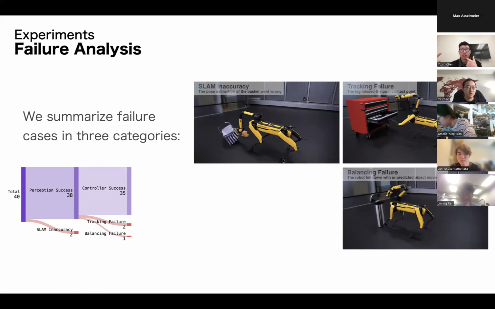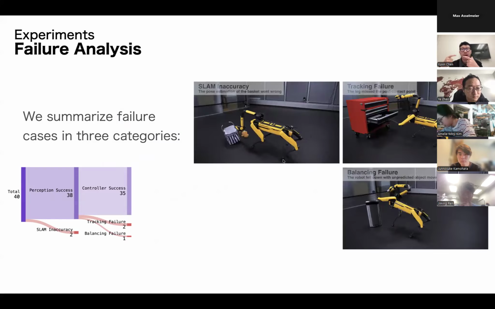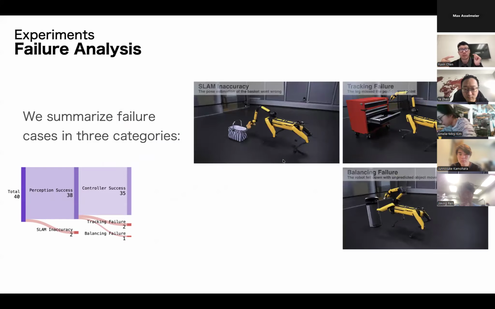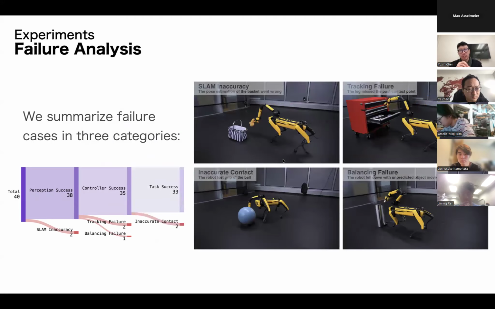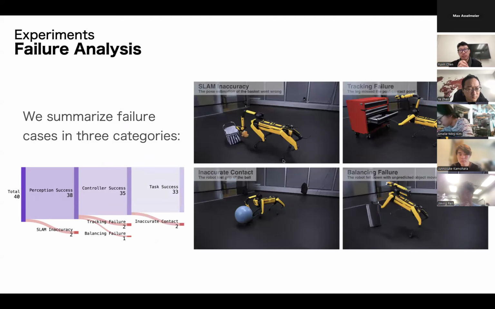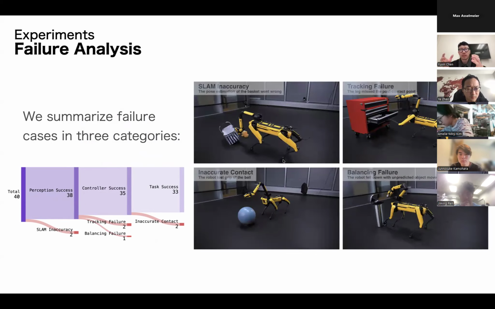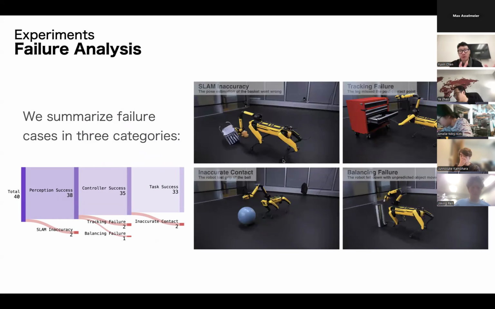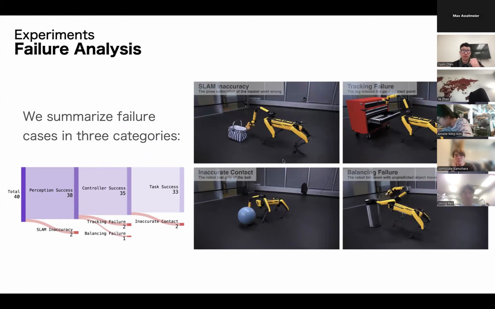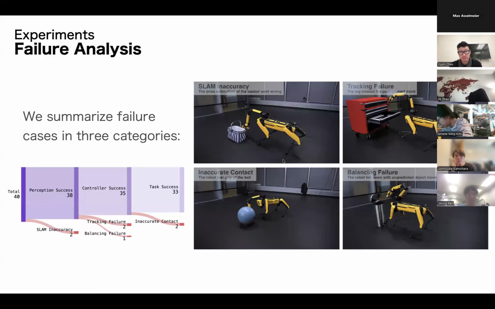In that case, especially when the robot is standing with 3 legs, it's already not very stable. If we have a large external force, it will tend to lose balance. And the third case is more tricky. For example, the yoga ball itself is plastic and pneumatic, so it can bounce away if we don't grab the yoga ball at the correct locations.